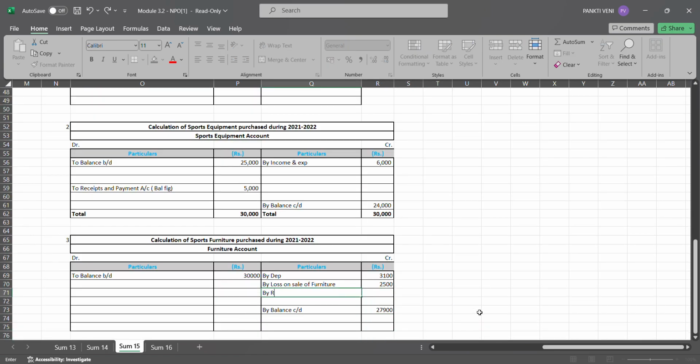Receipts and payment. I'll just total it up. I have 8,000. 8,000 is my amount for the receipts and payment account.